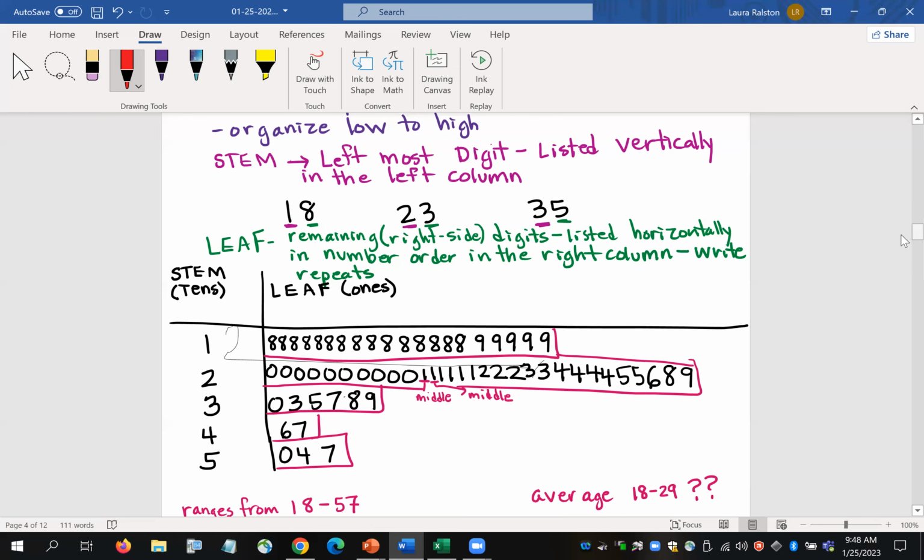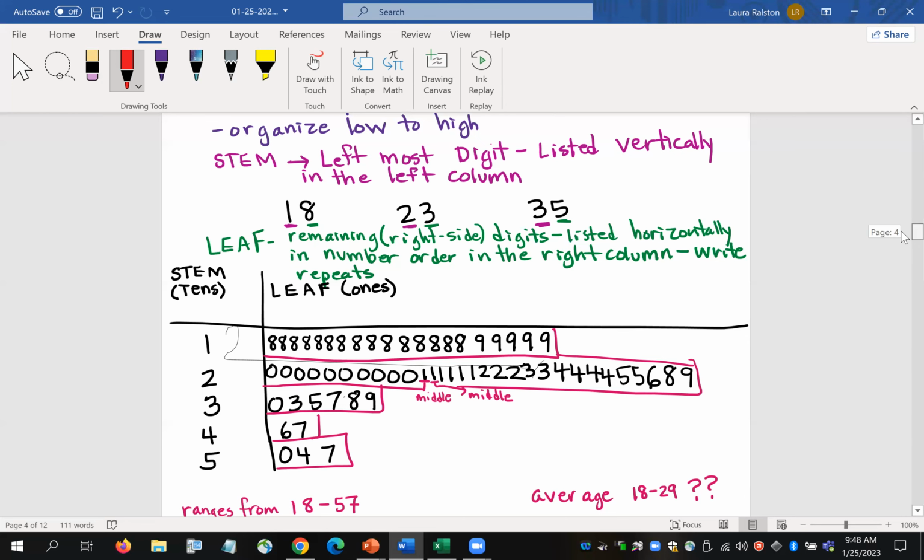So I could tell you from looking at this stem and leaf that we created the other day, I know that the youngest student in Stat 1401 in fall 2021 was 18. I know that the oldest student was 57 from my sample.